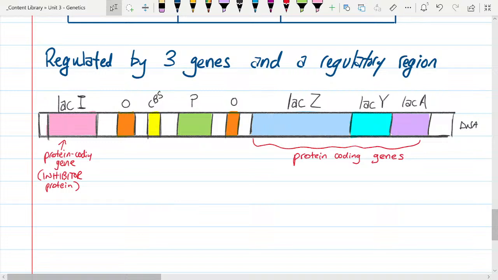Okay, so what's going on here? Well, we've got these genes, right?